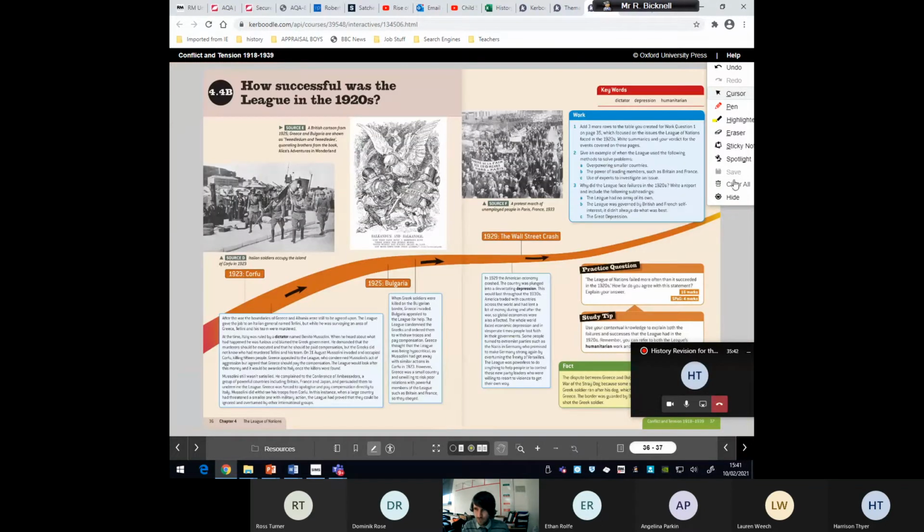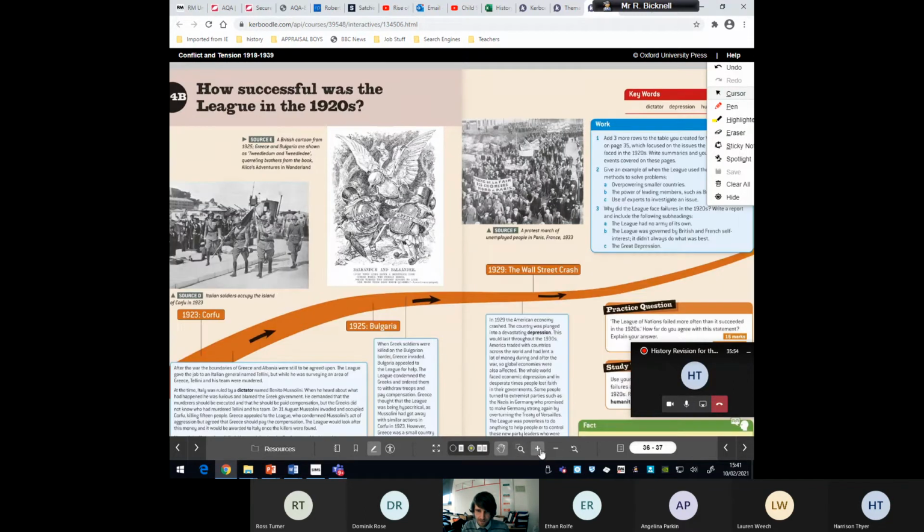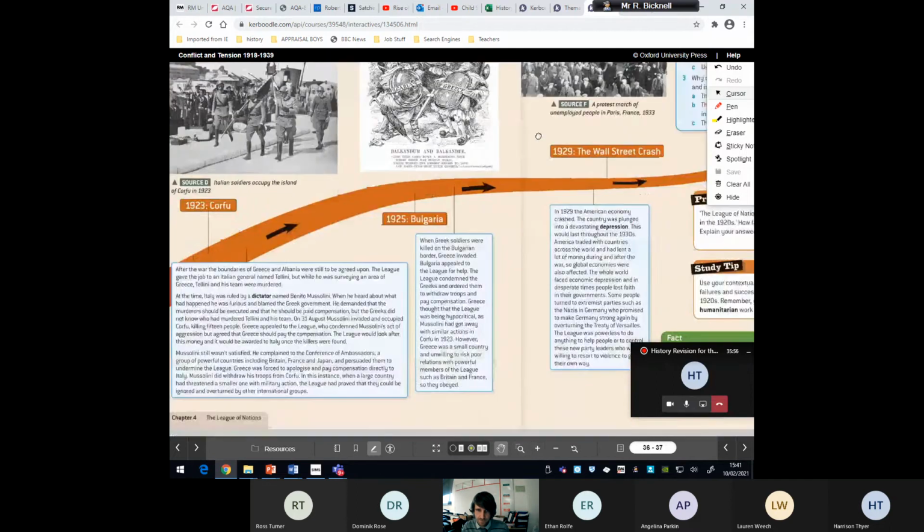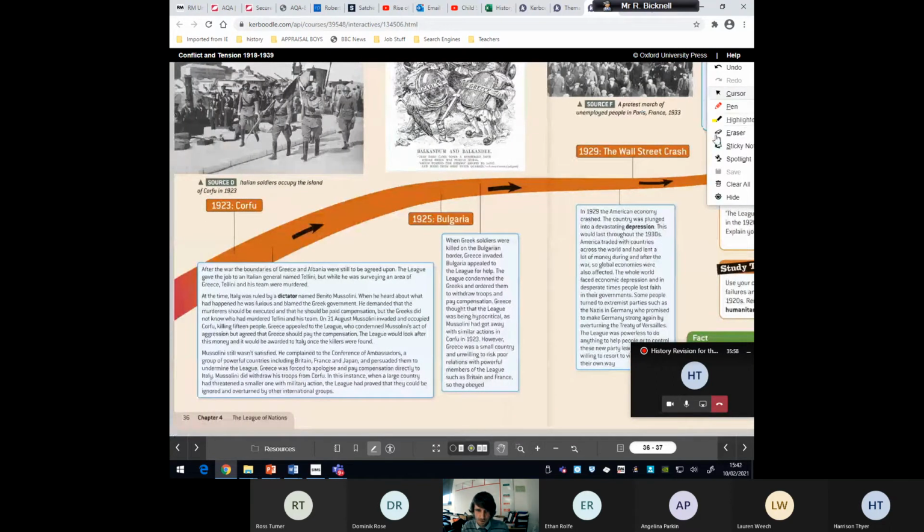Right, Corfu. Corfu is a tricky one. If I zoom in first, I'm just clicking randomly on things. There we go. If I bring that up. Highlighter. Right, Corfu is a difficult one, and it is one that I would probably encourage you to forget.